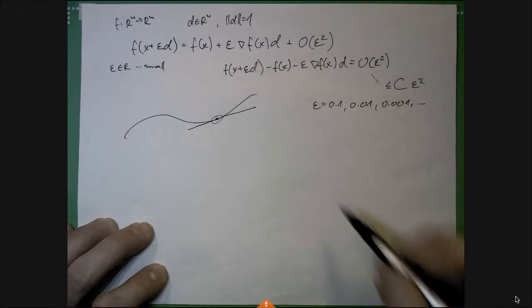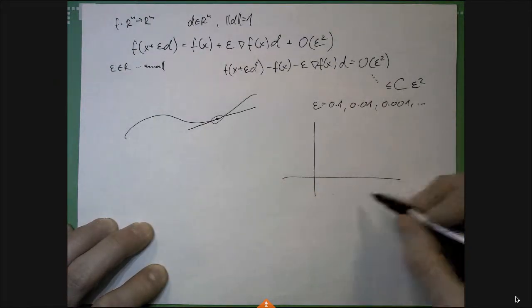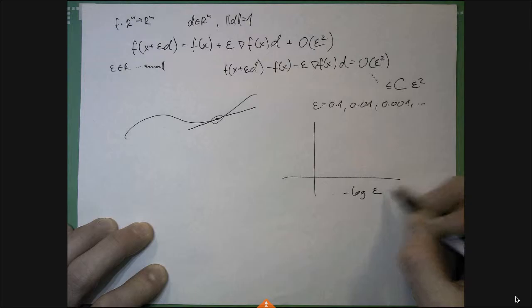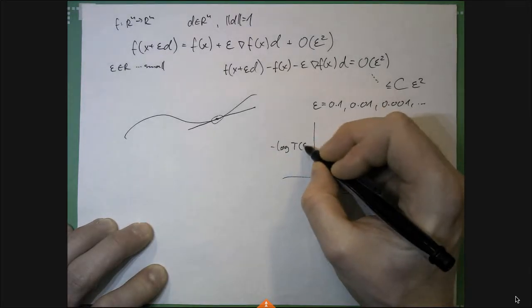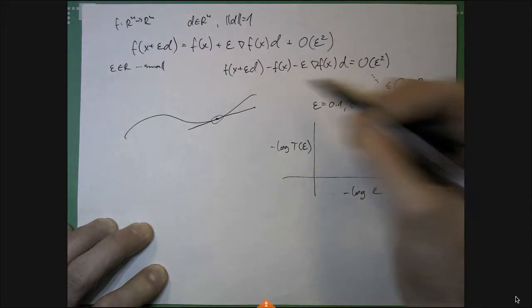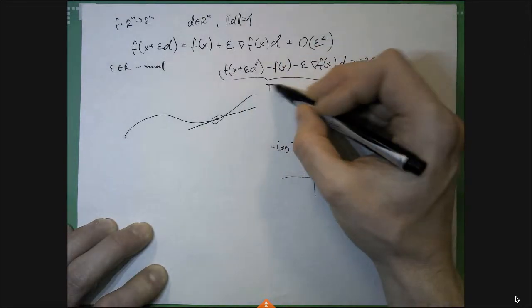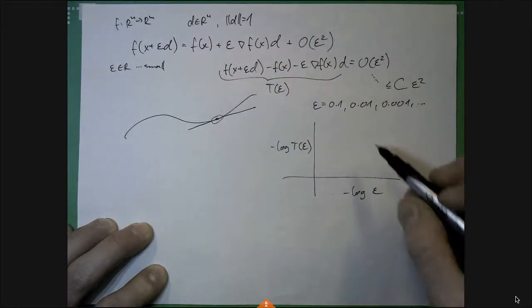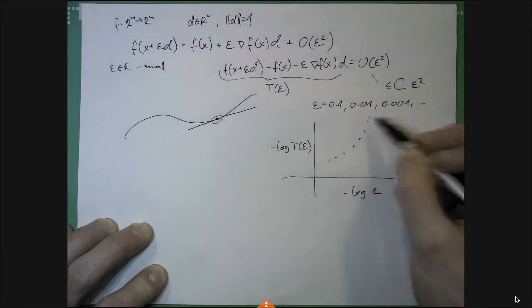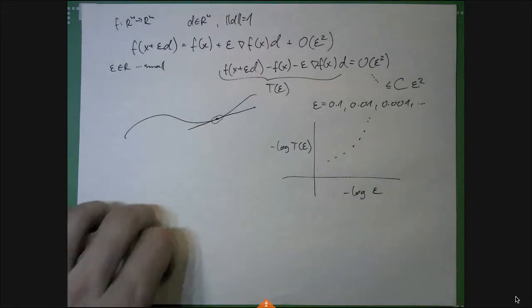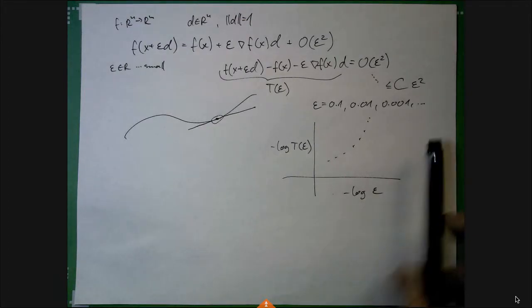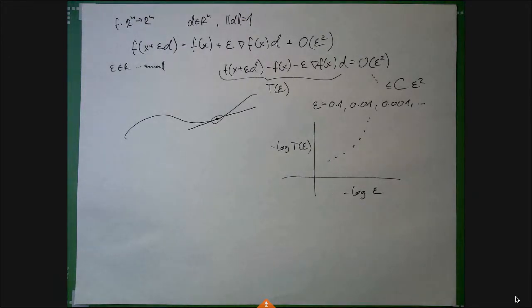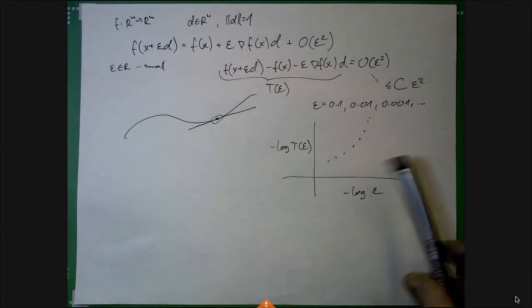If you plot minus logarithm of epsilon against minus logarithm of, let's call it t epsilon, you should see something like a parabola, because the accuracy should be improving quadratically. It'd be cool if somebody wanted to try this for a spring and tell me if it worked out. It should in theory.